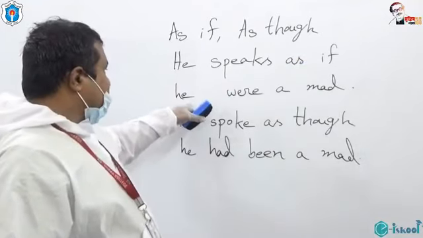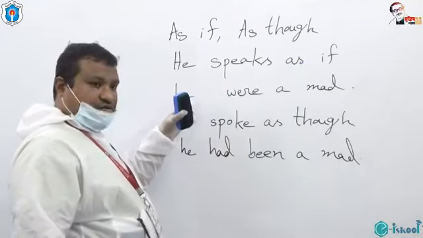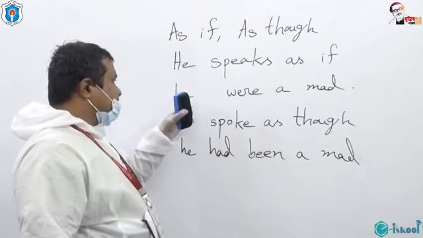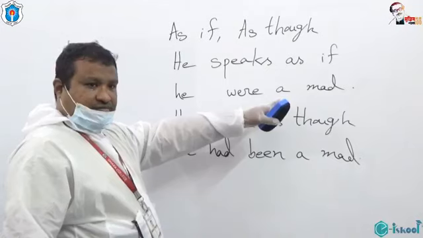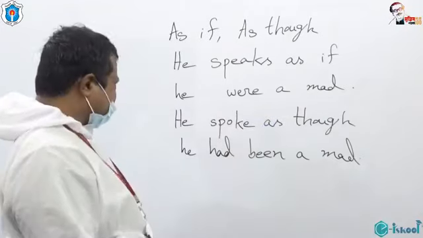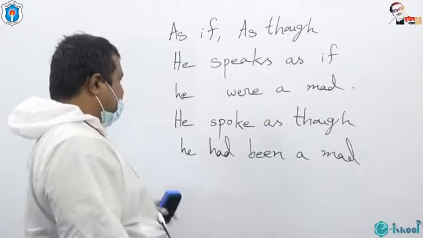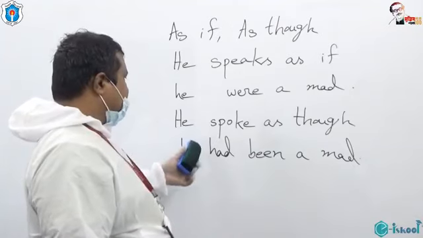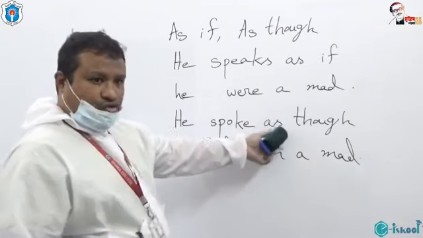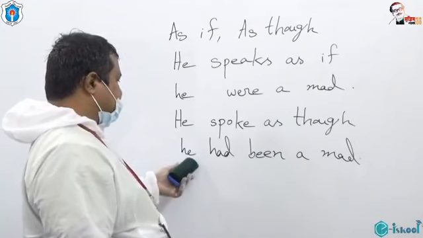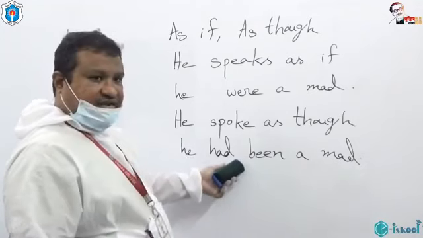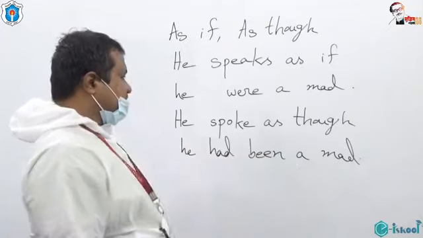Then, when we are completing it, we complete it with subject plus were plus extension. Then, when we are using the word as though, we are using the subject, then had been, then the extension.